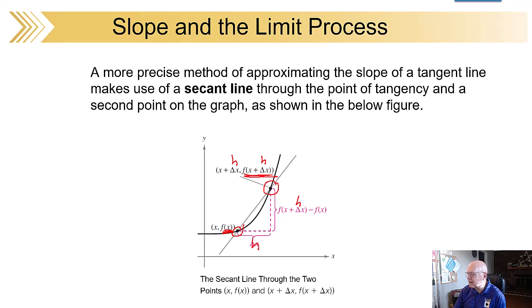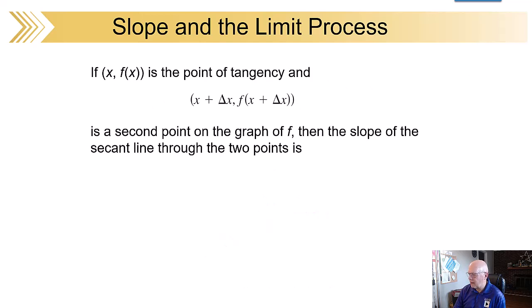Now notice that this is not going to give us the tangent line for that point, but it's an approximation. So what can we do? At that point of tangency, there's the second point. The first point is (x, f of x). Second point is (x plus h, f of x plus h).